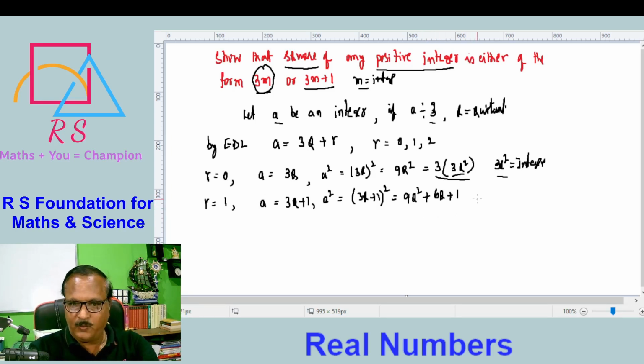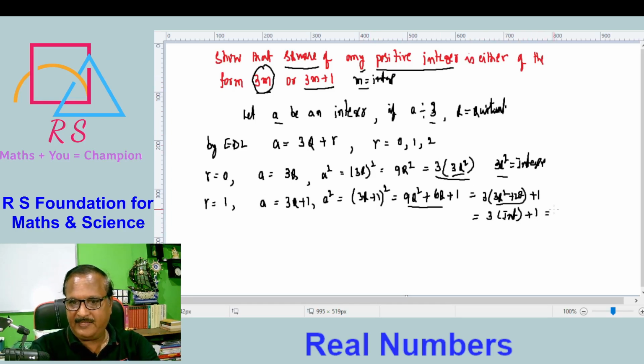So then how are we going to write this? Okay, 1 you keep like this, 1 only. In these two I can take 3 common: 3 into (3q square plus 2q). Now this 3q square plus 2q is an integer. So 3 into an integer plus 1, and the integer I can call m.